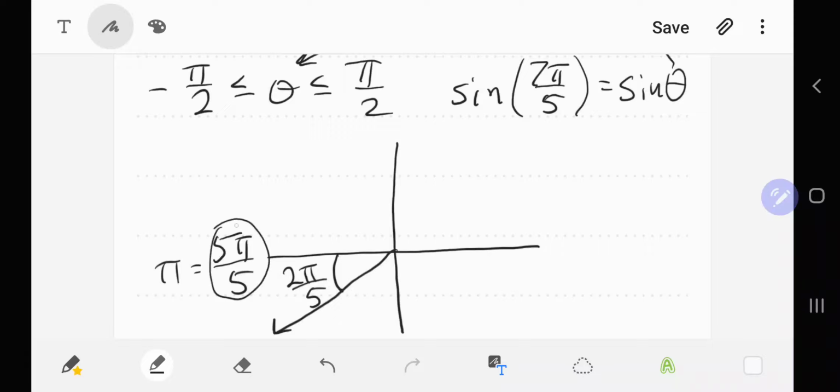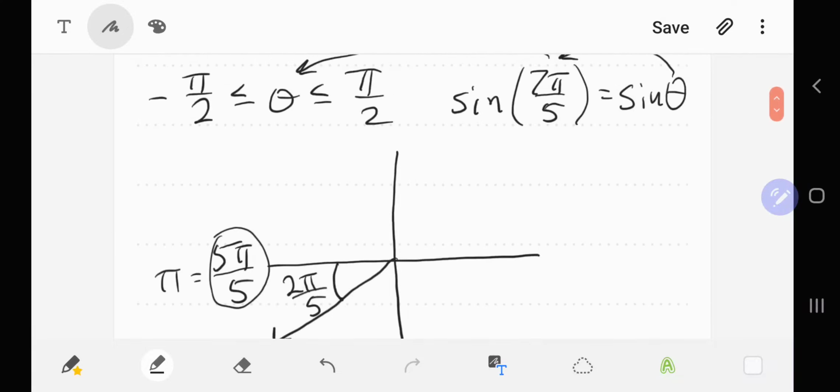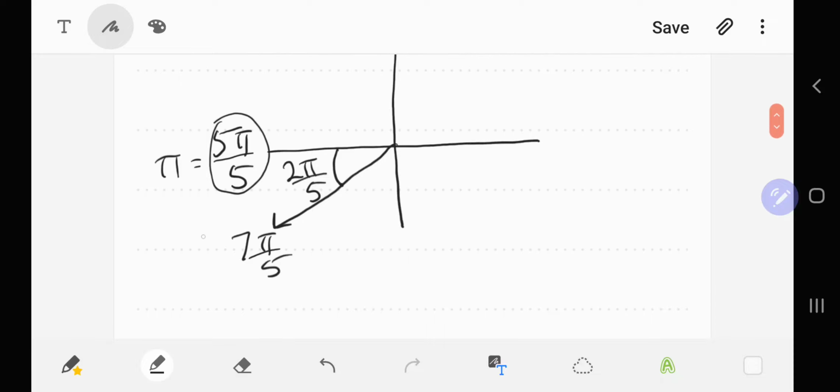So 5 pi over 5, if I go 2/5 more, that'll put me at 7 pi over 5. So that angle is going to be in the third quadrant, and in the third quadrant we know that we have a negative x and a negative y.